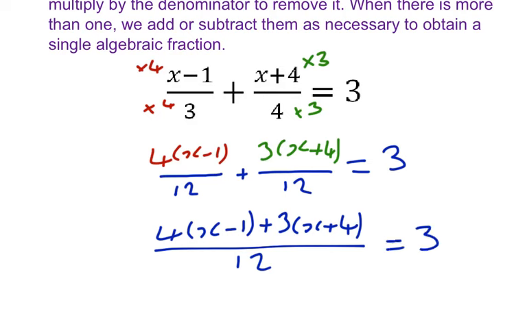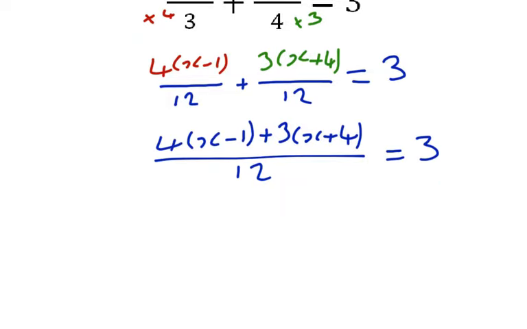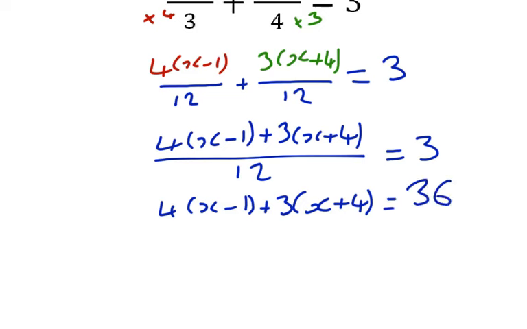Now we can either simplify the numerator first, or we can get rid of the fraction first. It doesn't matter which we do. I'm going to get rid of the fraction first so that we have a nicer equation to deal with. So we have 4 brackets x minus 1 plus 3 brackets x plus 4 equals, multiplying by 12 we get 36.